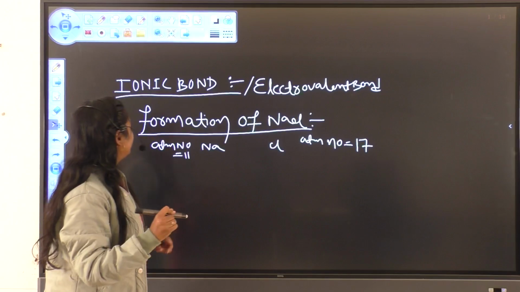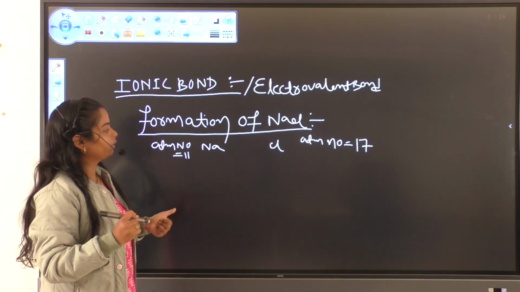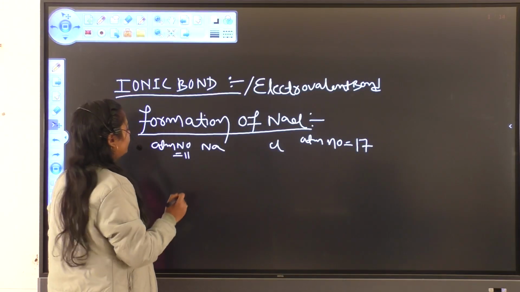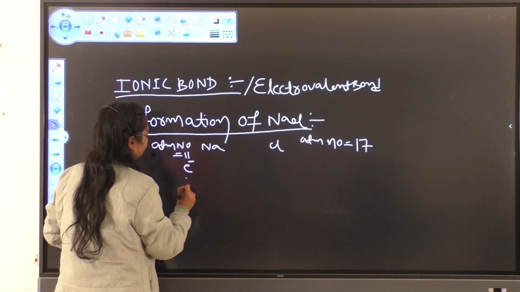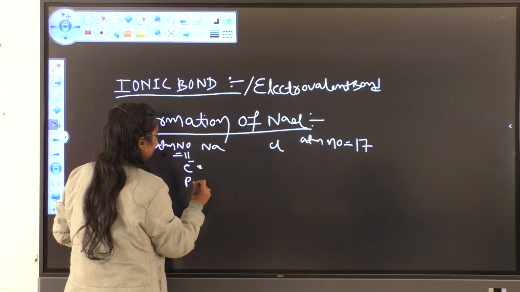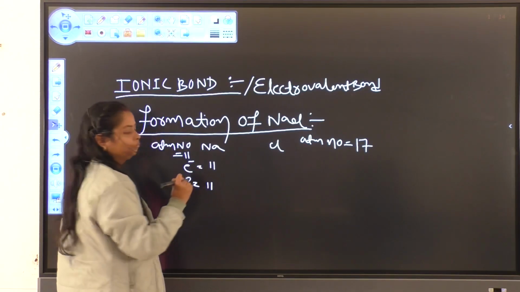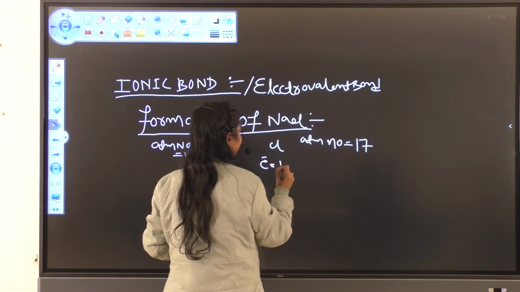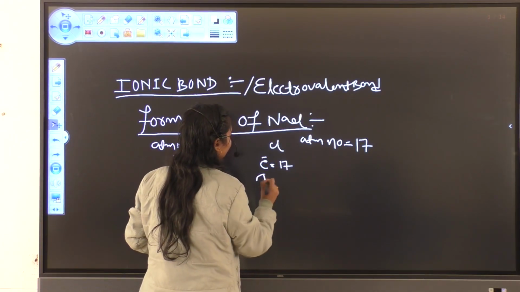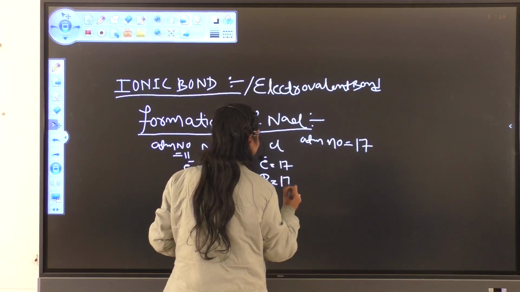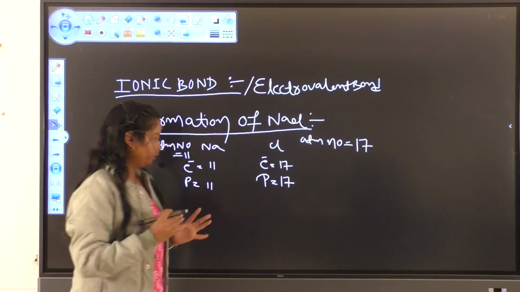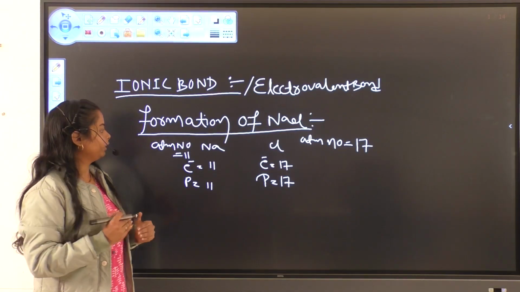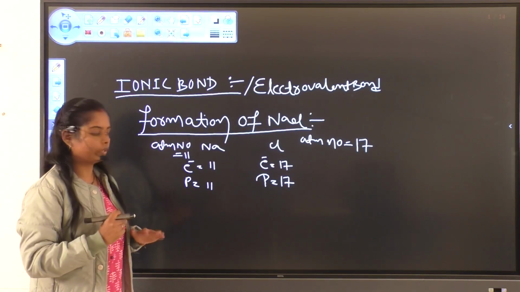What does this mean? The number of electrons and protons present in sodium are 11 and 11. Likewise, the number of electrons present in chlorine is 17, and the number of protons is also 17.